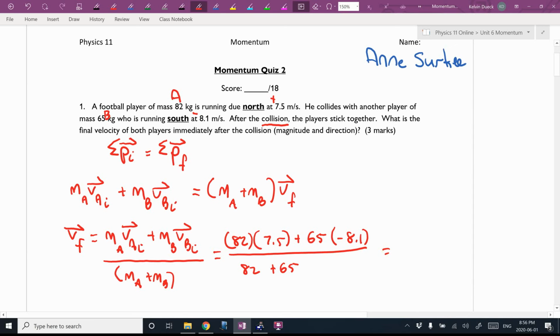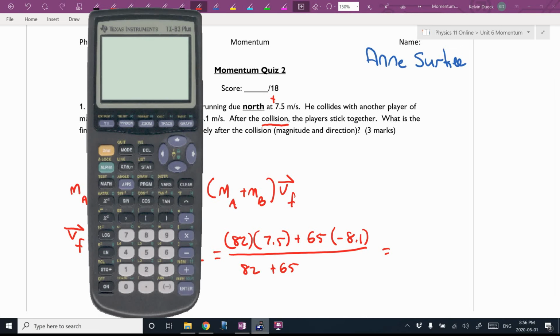Now, by the way, it's possible this could work out to 0, and that would just mean that these players had collided and exactly canceled out each other's momentum and come to a stop. Could happen. 82 times 7.5 plus 65 times negative 8.1. Close off the top, divided by 82 plus 65.